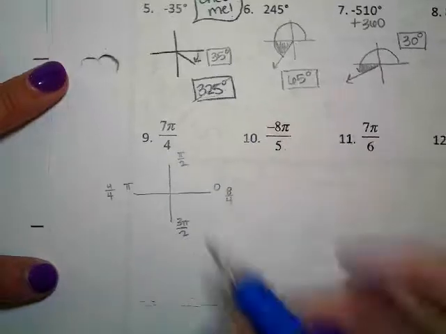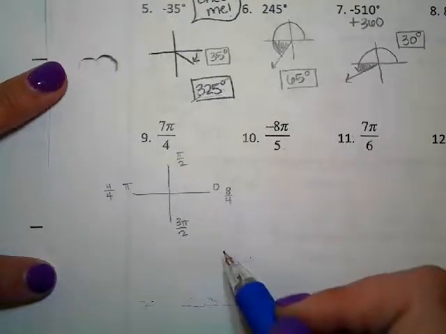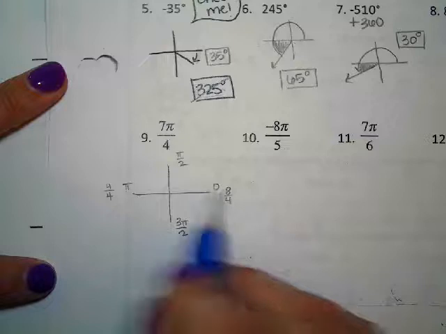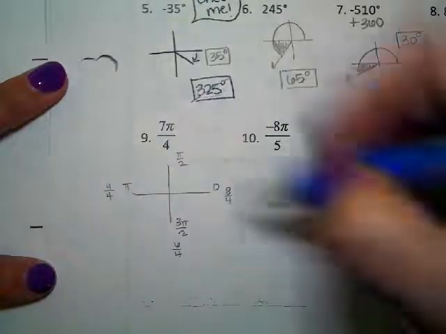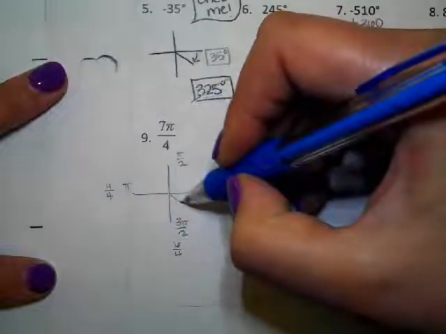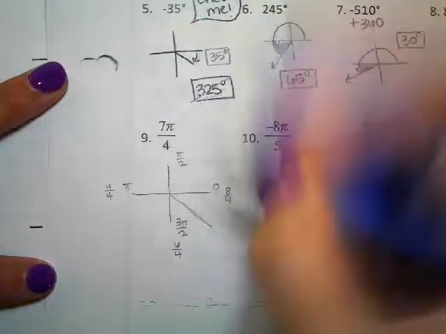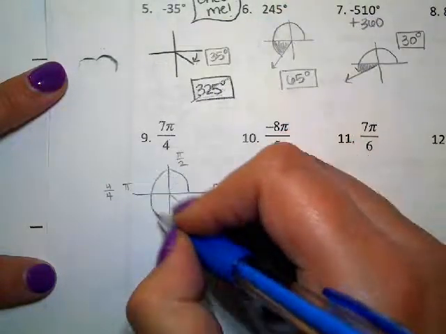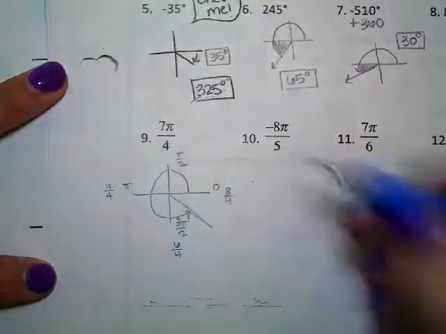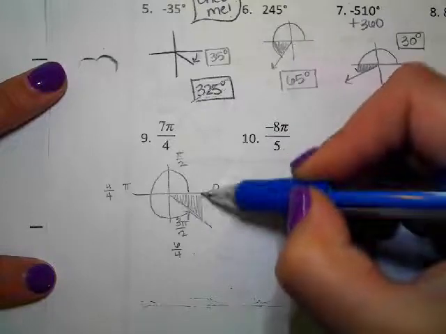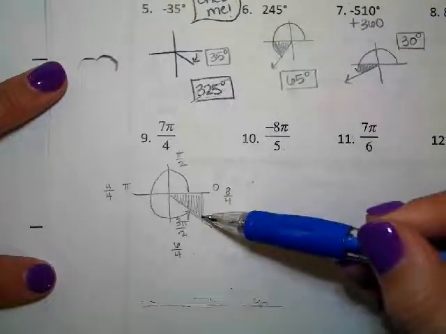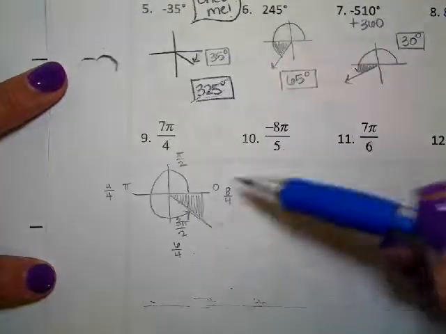Between 4 and 8, right in the middle of 4 and 8 is 6. 6 fourths would be right there in the middle. So 7 fourths would be right here. So this angle, there's 7 pi-fourths right there. So our reference angle is this part right here. That's the distance in an angle measurement, so not degrees this time, but radians.